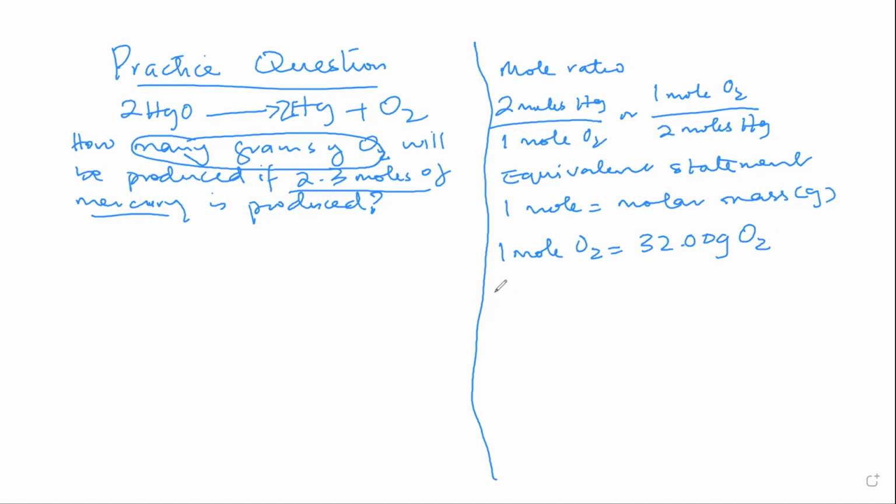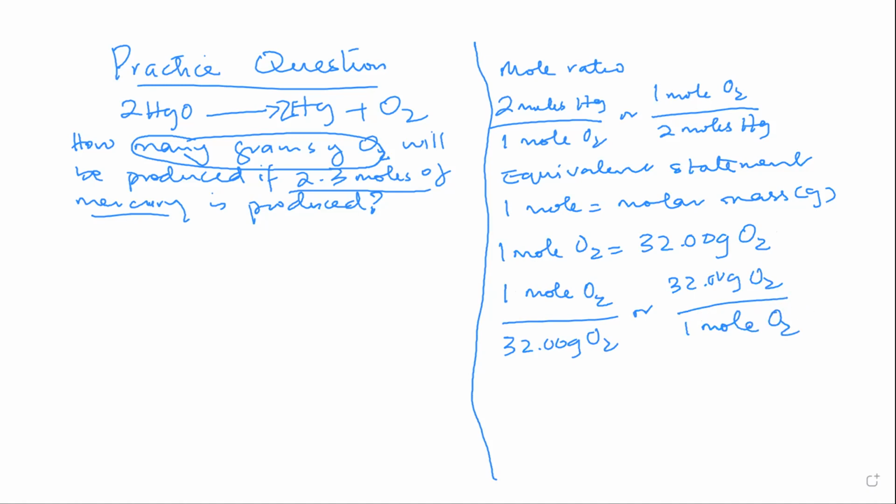So the conversion factor will be 32.00 grams of oxygen over 1 mole of oxygen.